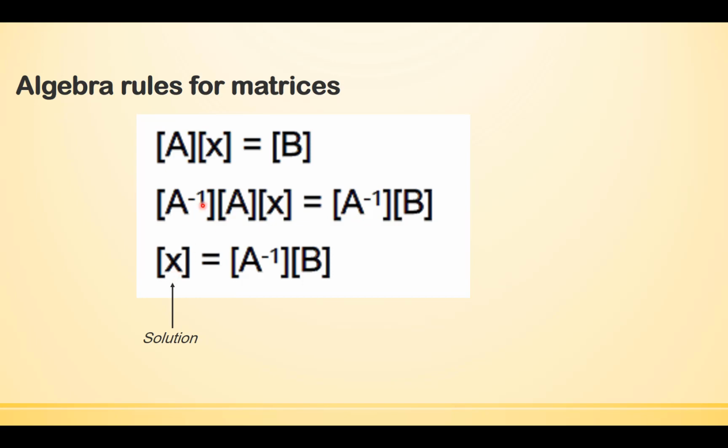This cancels itself out. The identity property takes this away, and we end up with a left-hand side that's a vector, or a listing of the solution variables X, and the right-hand side is A inverse, the inverse of the A matrix, so the coefficients matrix, multiplied by B.